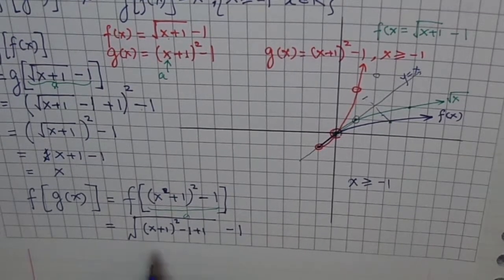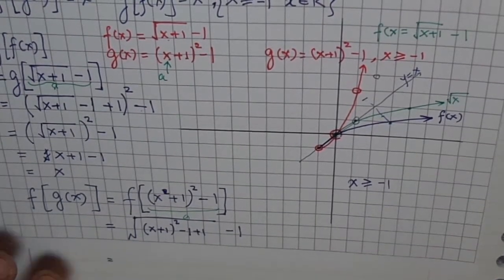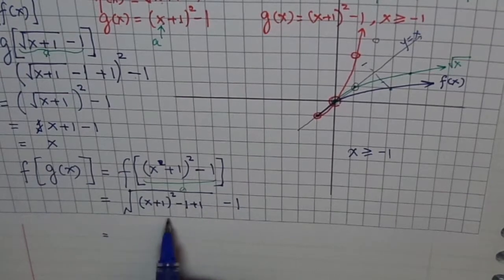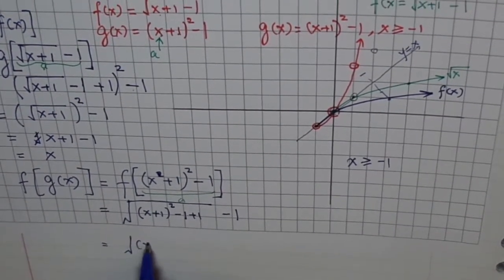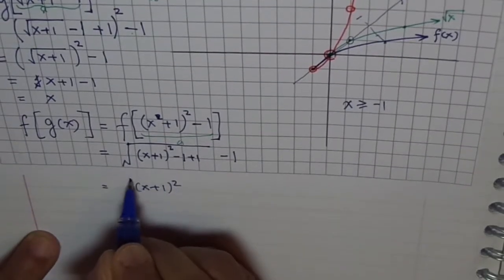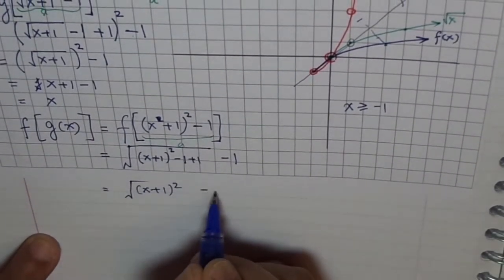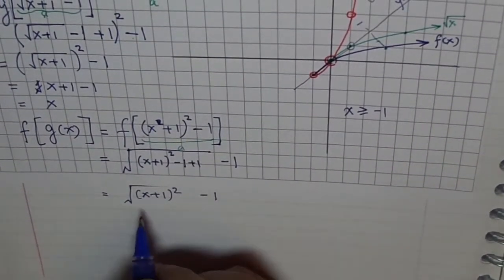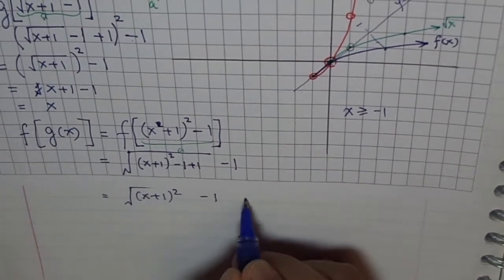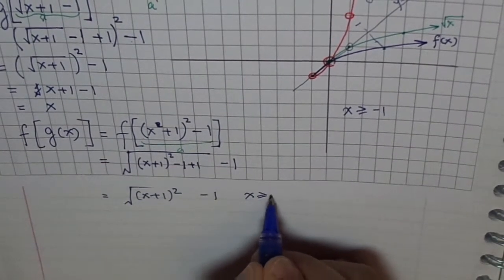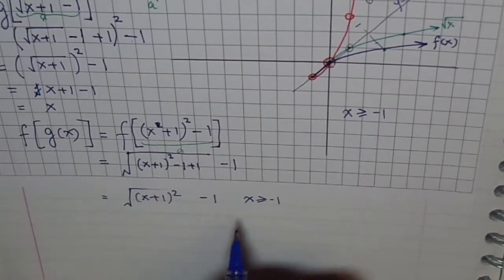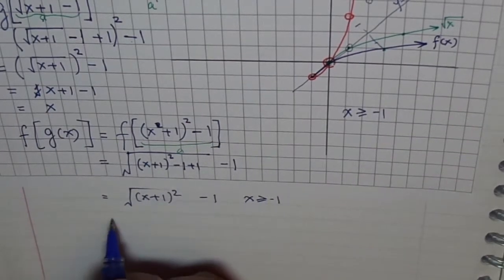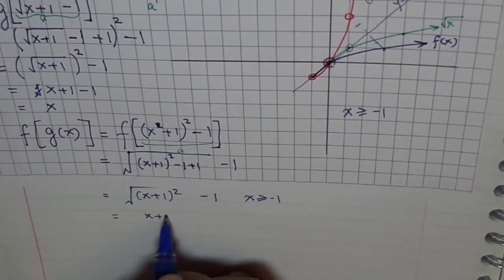Now let's open. Here, we know minus 1 plus 1 is 0. So we are left with square root of (x plus 1) whole square minus 1. Now since x is greater than or equal to minus 1, this value is positive. Correct? Since this is positive, square root of this square is equal to x plus 1.